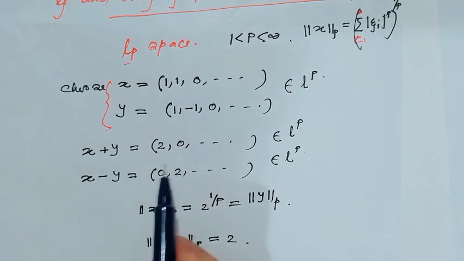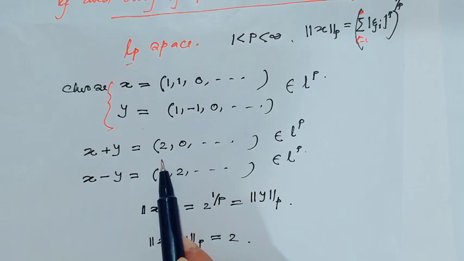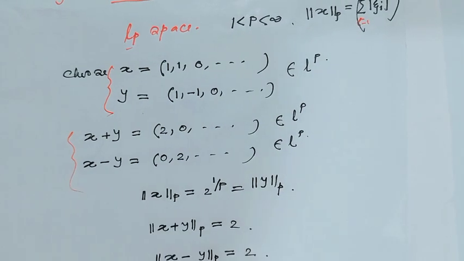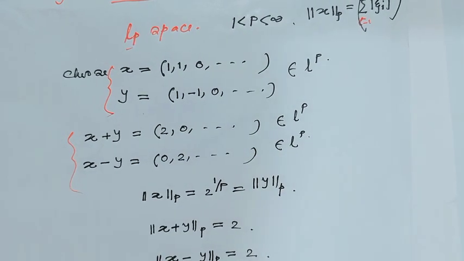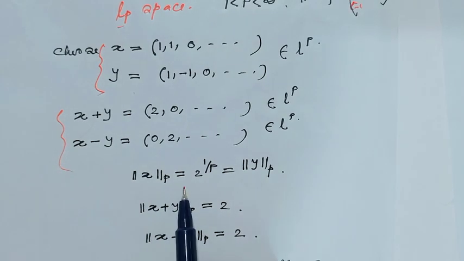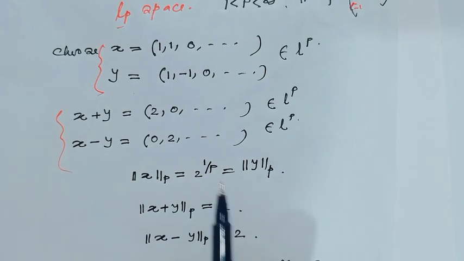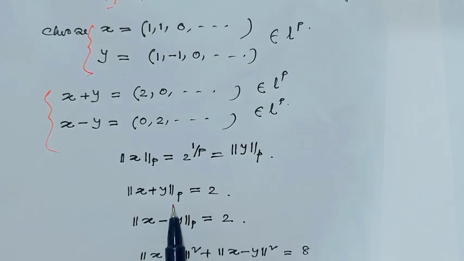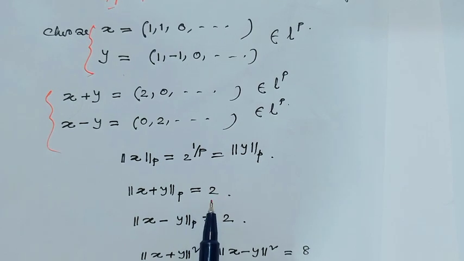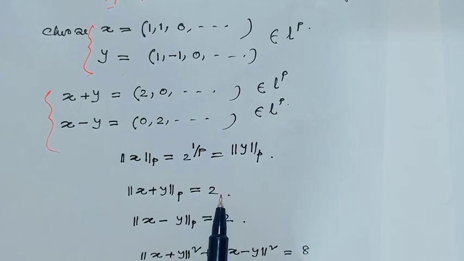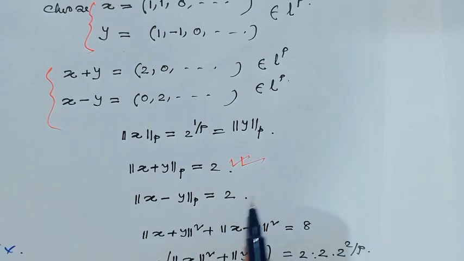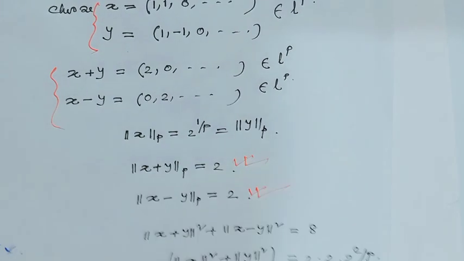Then x plus y equals (2, 0, 0, 0, ...) and x minus y would be (0, 2, 0, 0, ...). Obviously x plus y and x minus y both belong to l^p. Then norm of x in p is 2 to the power 1 over p, which is equal to norm of y in p. Then norm of x plus y in p equals 2, and norm of x minus y in p also equals 2.